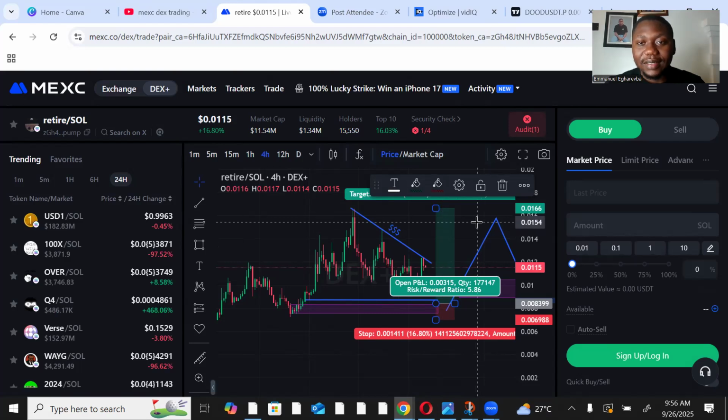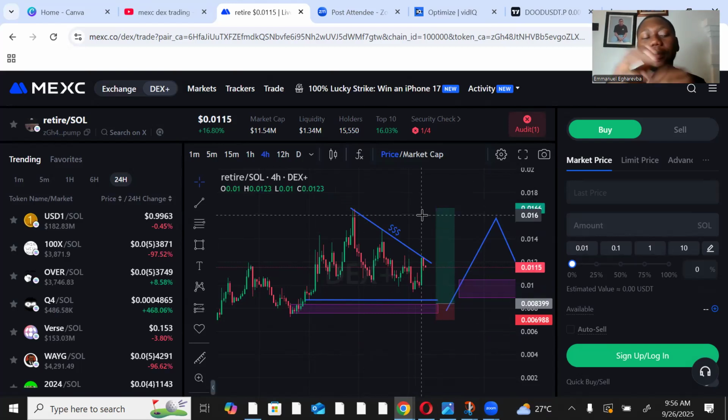As simple as that. So guys, this is for DeFi DEX Plus on MEXC. This is decentralized trading. This is DEX trading. This is basically how to make money on decentralized finance using DEX Plus MEXC exchange.